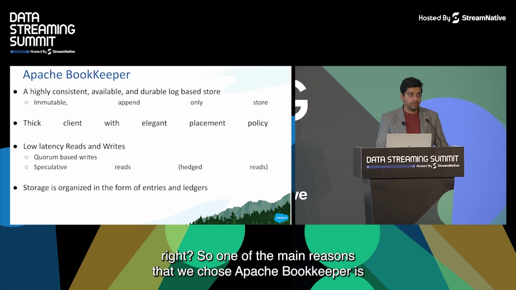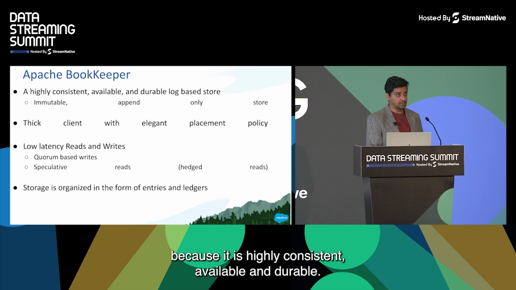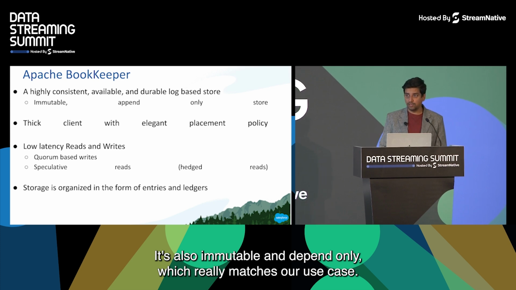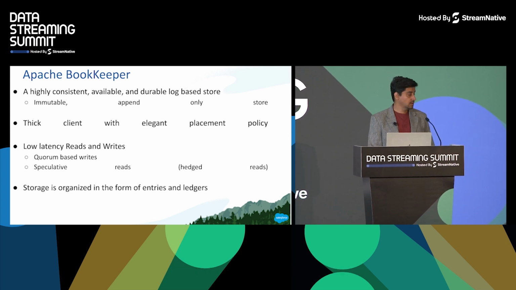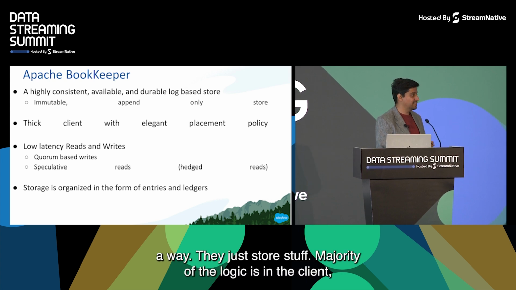One of the main reasons that we chose Apache Bookkeeper is because it is highly consistent, available, and durable. It's also immutable and append-only, which really matches our use case. The bookies themselves are sort of dumb in a way. They just store stuff.